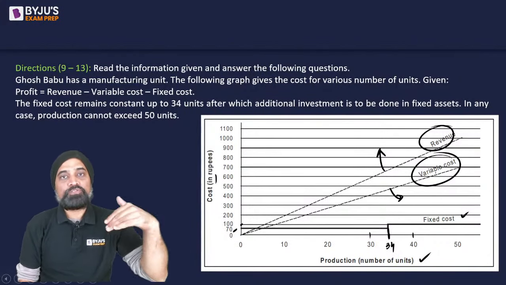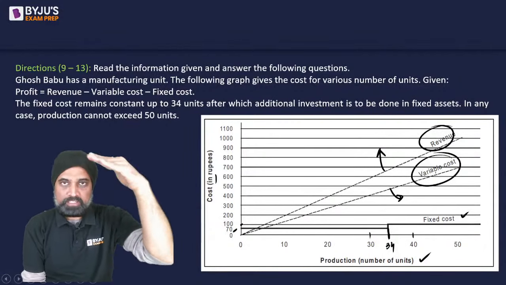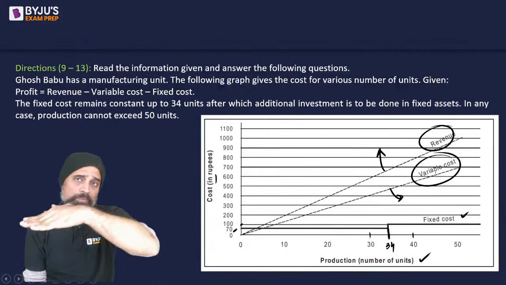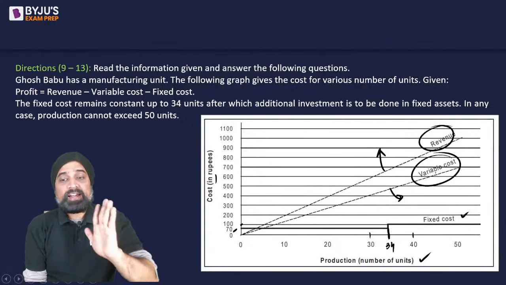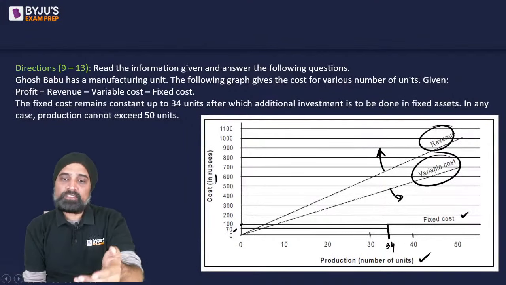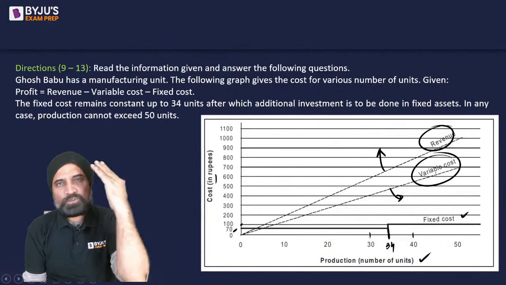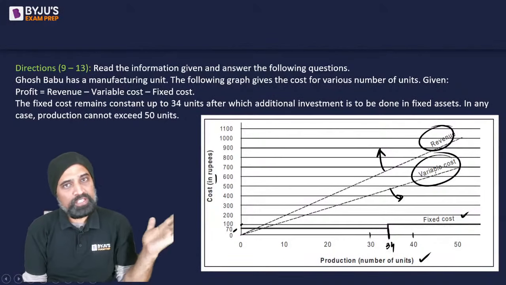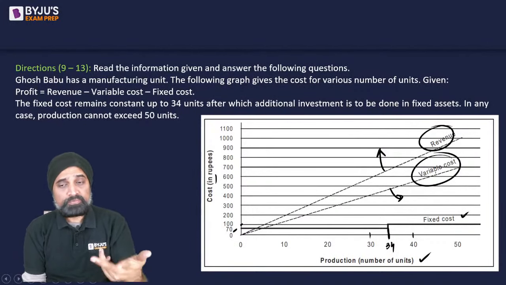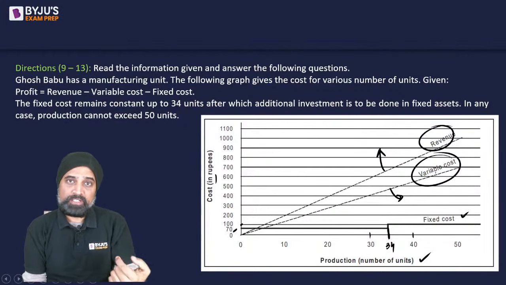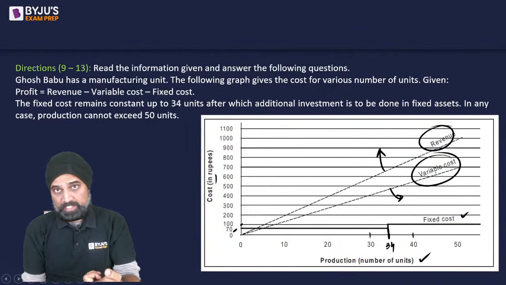So as the number of units being produced keeps going, fixed cost remains constant, variable cost and revenue keep on increasing. At a certain point, fixed cost increases while variable cost and revenue were increasing linearly. They are still increasing linearly. So the two dotted lines don't change their trajectory. The bold line changed its trajectory, right?